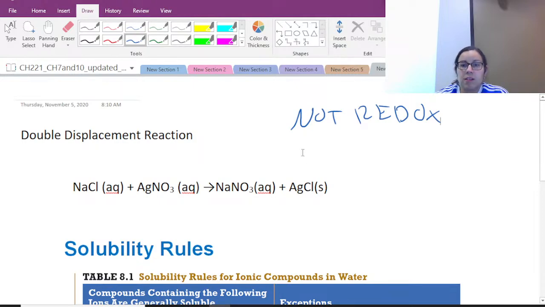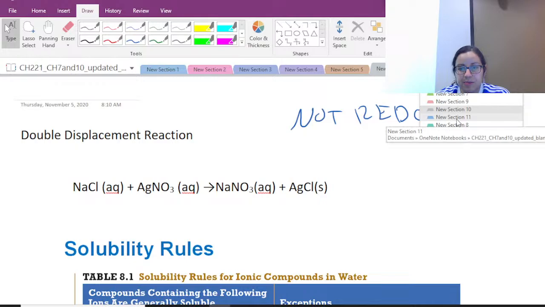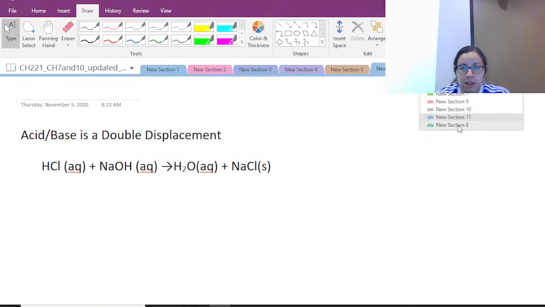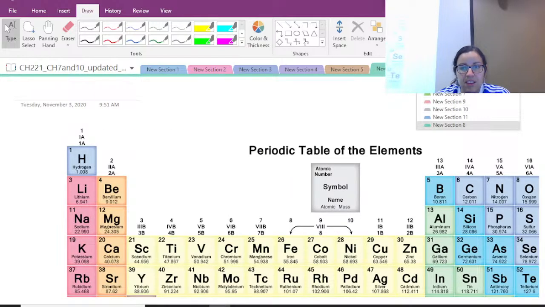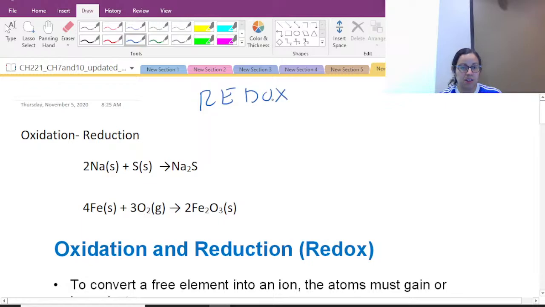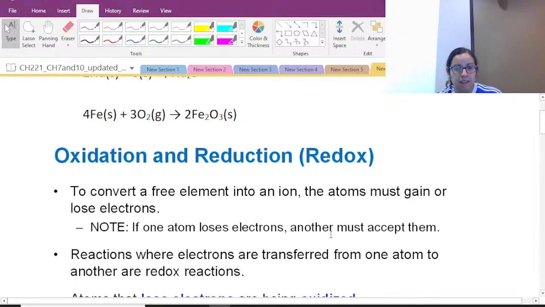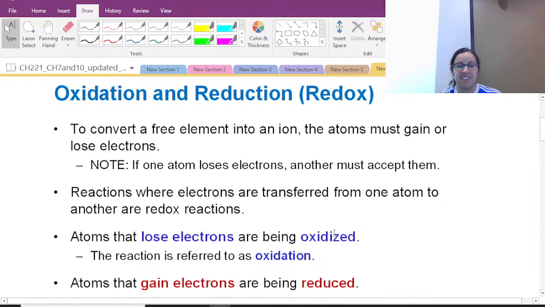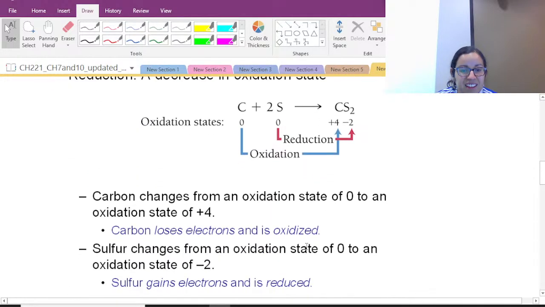Let's first say, how do we even know what is redox? Something is oxidized and something is reduced. So what does that mean? Redox, I like to use OIL RIG. Oxidation is loss of electrons and reduction is gain of electrons.